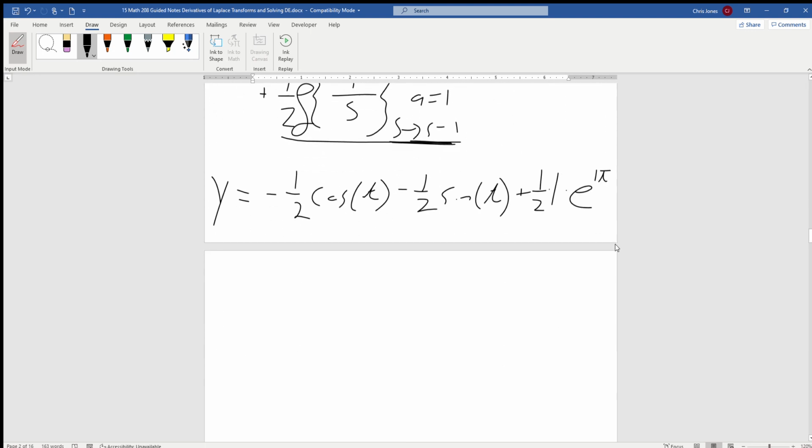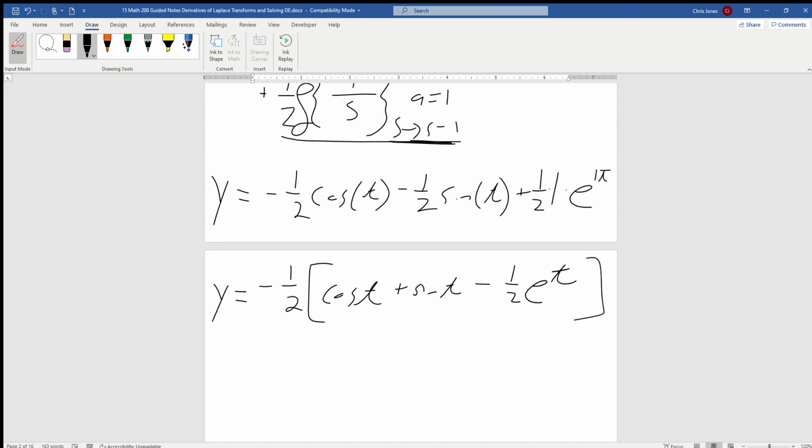Or another way to write this is we can factor out a minus 1/2, and we can write this as cos t plus sine t minus 1/2 e to the t, if we chose to do it that way. Lots of different ways we could write it. Excuse me, not minus 1/2, just minus e to the t. So factor error there. Fortunately, I caught it.